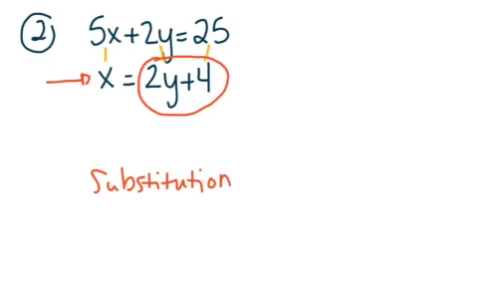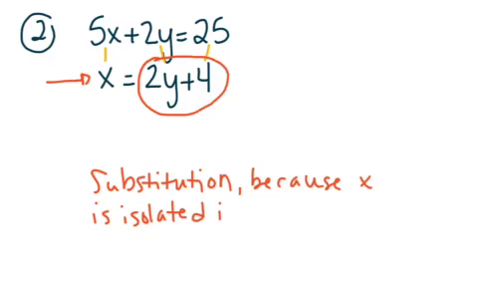And to justify, you would say because x is isolated in one equation, and I can substitute that expression 2y plus 4 into the other equation for x. So that's what it's called, substitution.